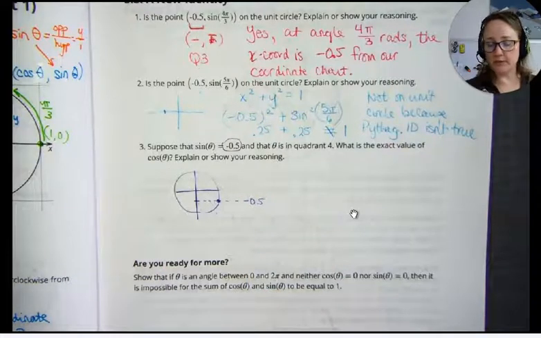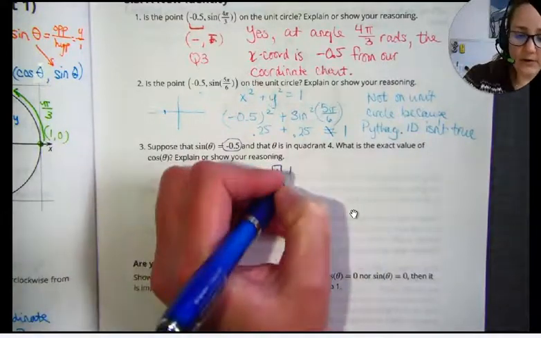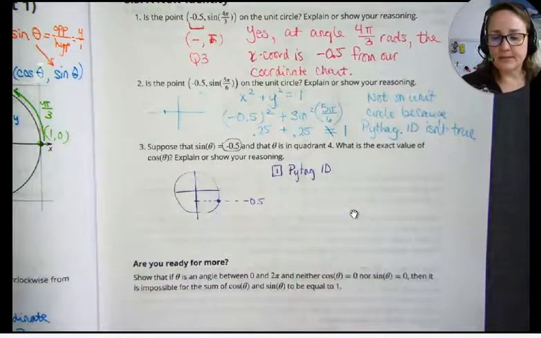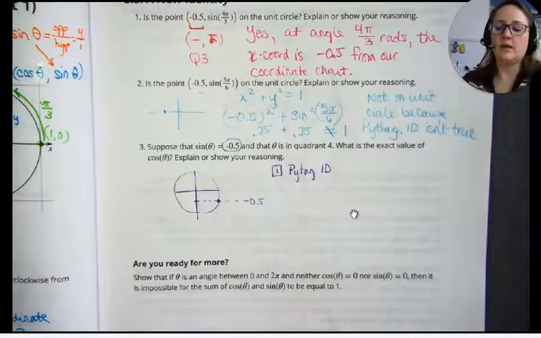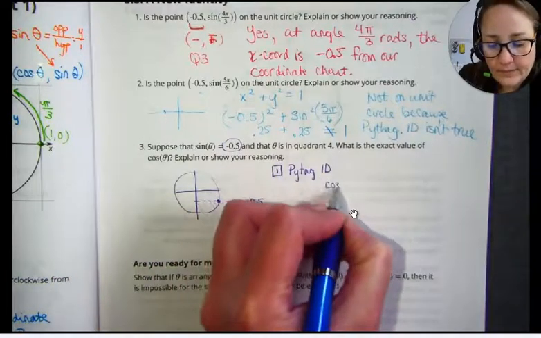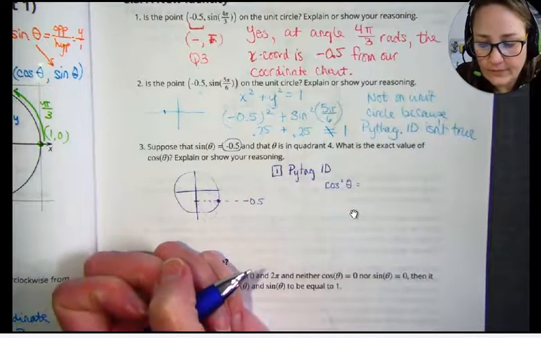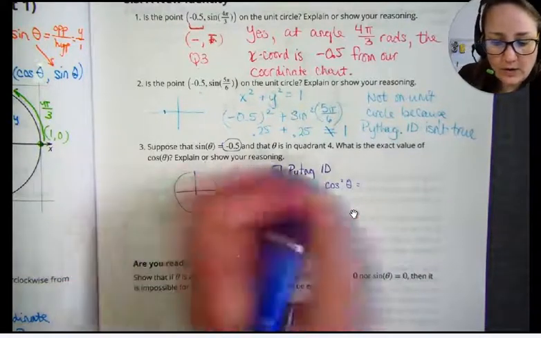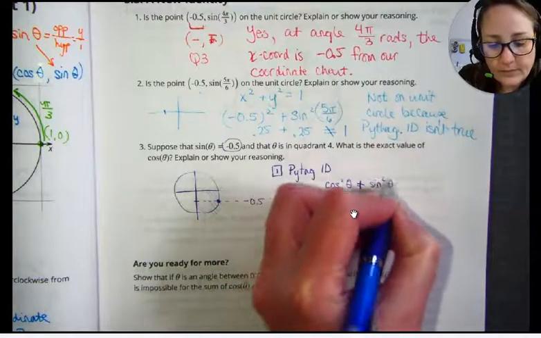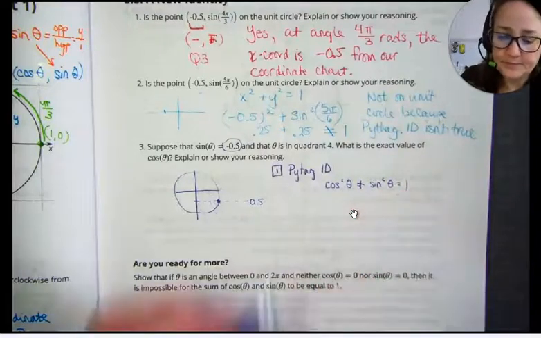Again, we could do this in a couple different ways. We could use method 1, and that's to use the Pythagorean identity. Cosine squared plus sine squared equals 1.